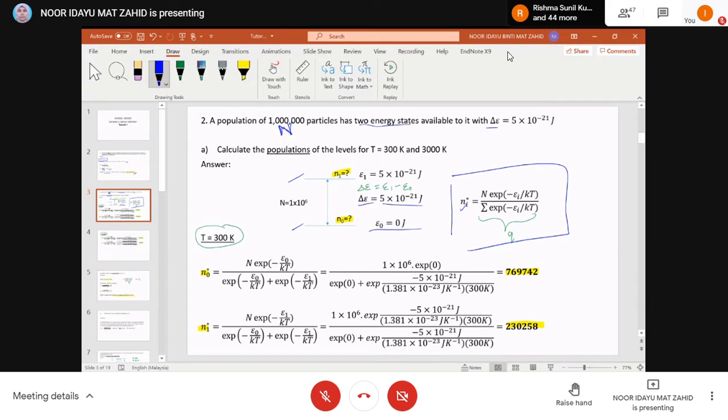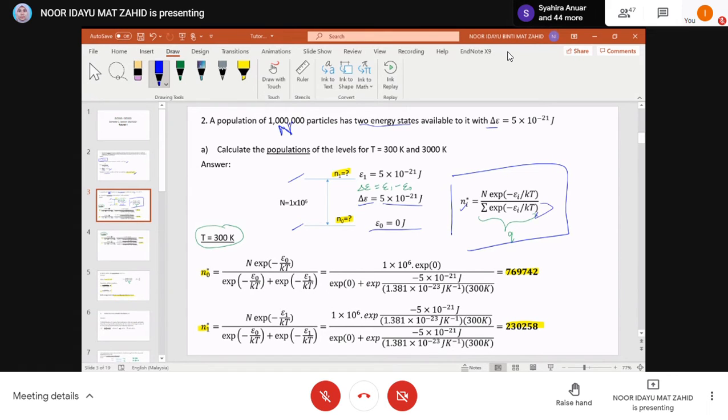So from this general equation, capital N, which is the total number of particles, multiplied with exponential of negative epsilon i over kT. Epsilon is the energy state value, and i represents which energy state, whether the zero energy level or energy level 1, over kT, divided by the summation of all exponential of negative epsilon i over kT.